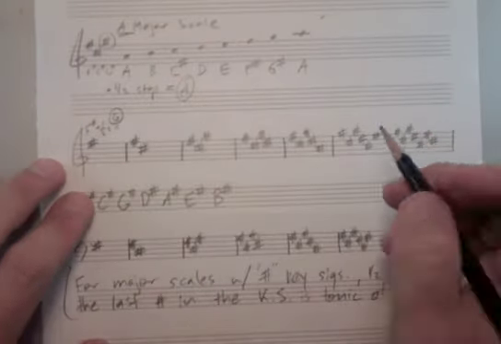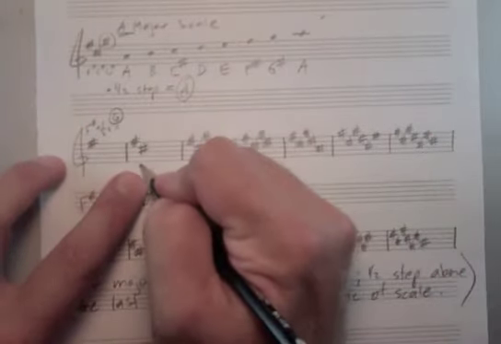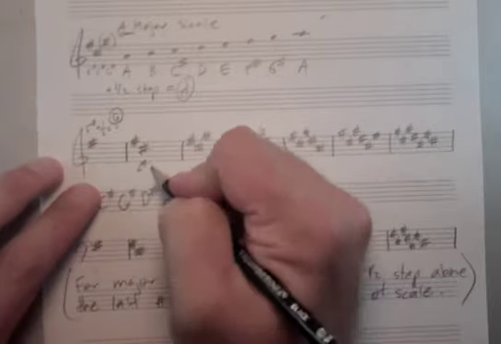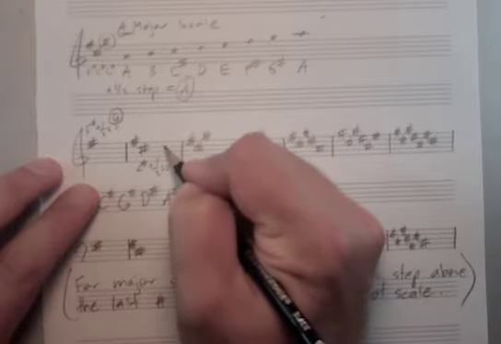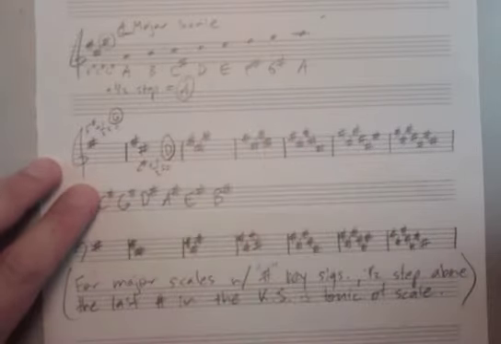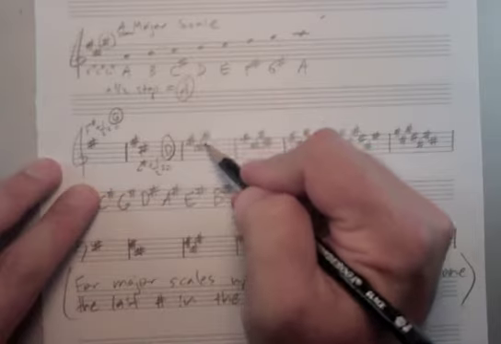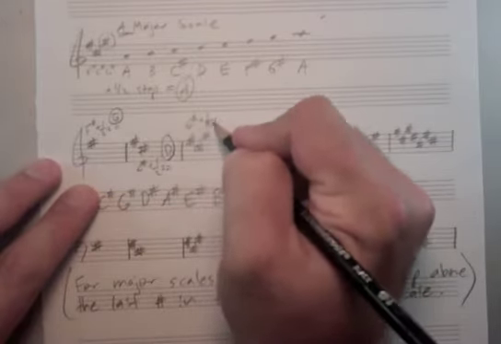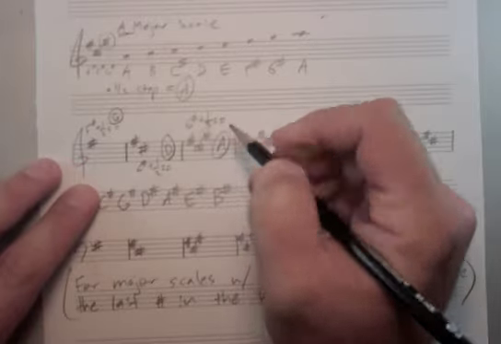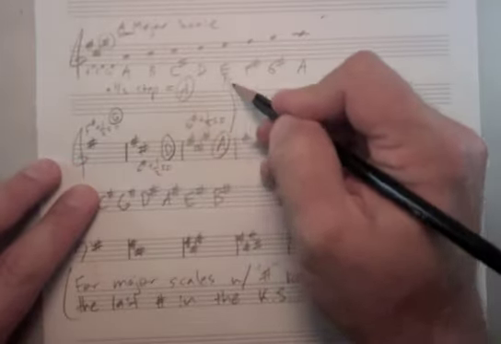You can follow along on your keyboard. Here, the last sharp, C sharp, plus a half step is D major. So here's the last one. G sharp plus a half step means this is A major, like we proved up here.